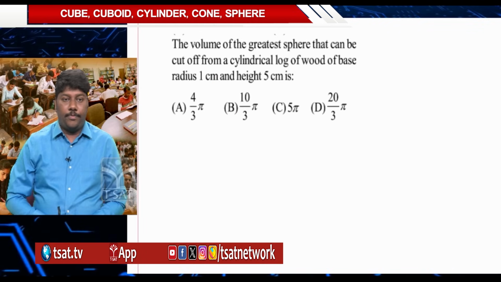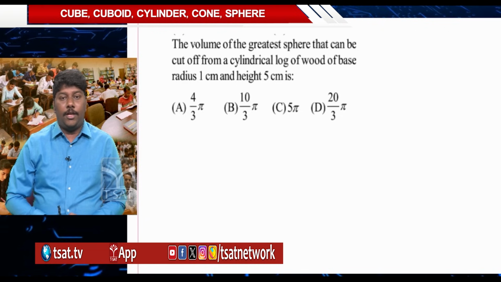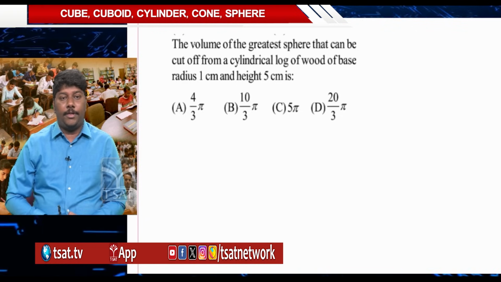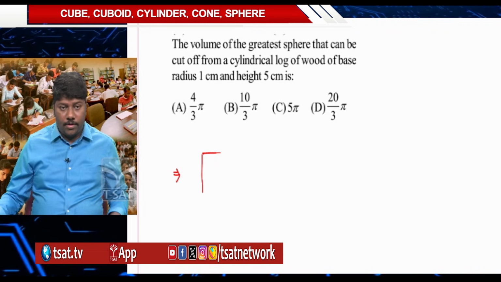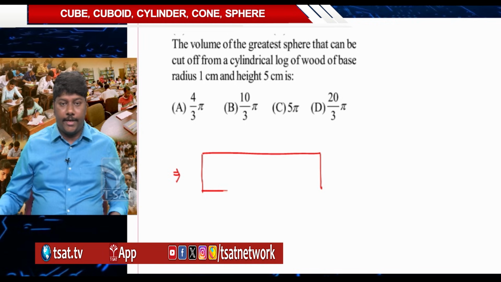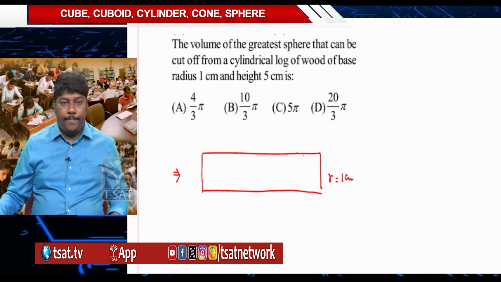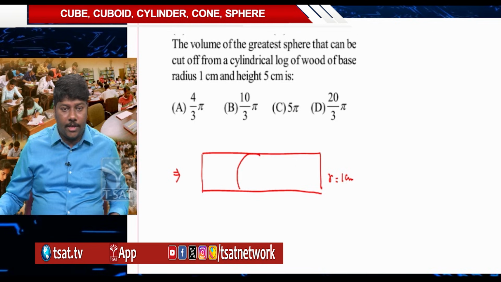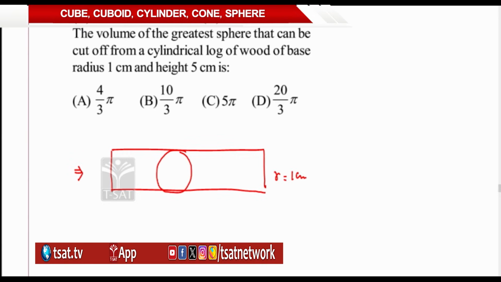Now look at this question. The volume of the greatest sphere that can be cut off from a cylindrical log of wood of base radius 1 centimeter and height 5 centimeters is? So you are cutting a sphere out of a log of wood. The front view of the wood is like a rectangle and the radius is 1 centimeter only. Therefore the maximum circle that you can cut out of this has radius 1 only, because you can't cut a sphere greater than radius 1 centimeter.